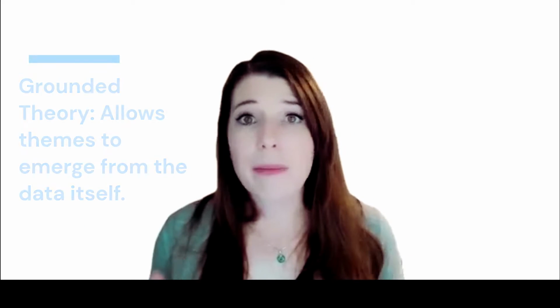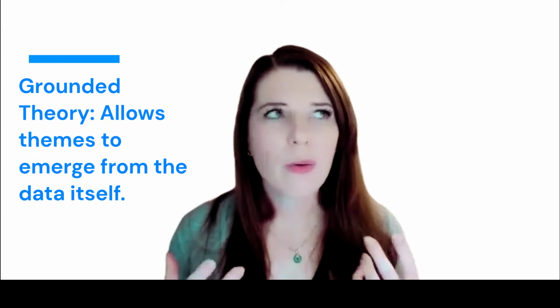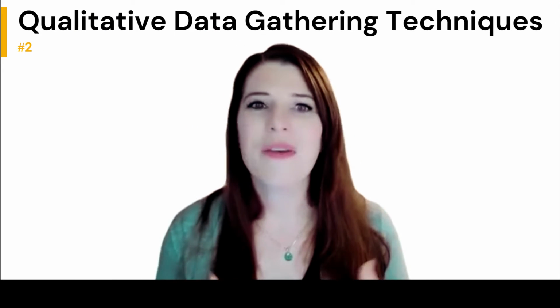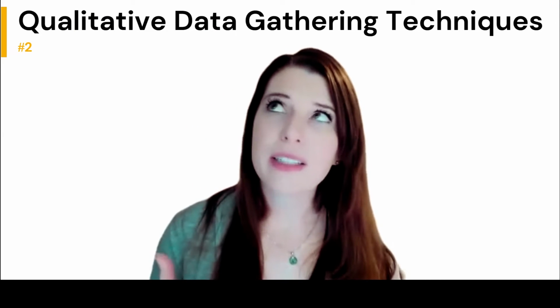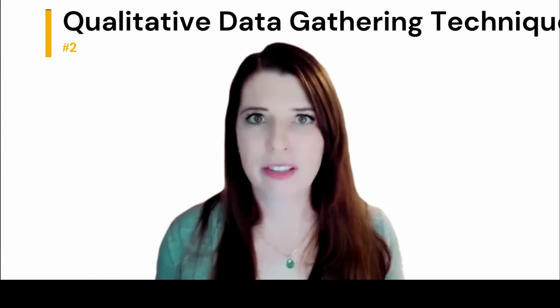Another method that you might be able to employ is grounded theory. And this is going to let you allow themes to really emerge and come out from the data itself. Now, there's this whole set of research methods, and then there's also a whole set of techniques that you can use. For example, a phenomenological study might involve interviews, but an ethnography study might involve observations and field notes.